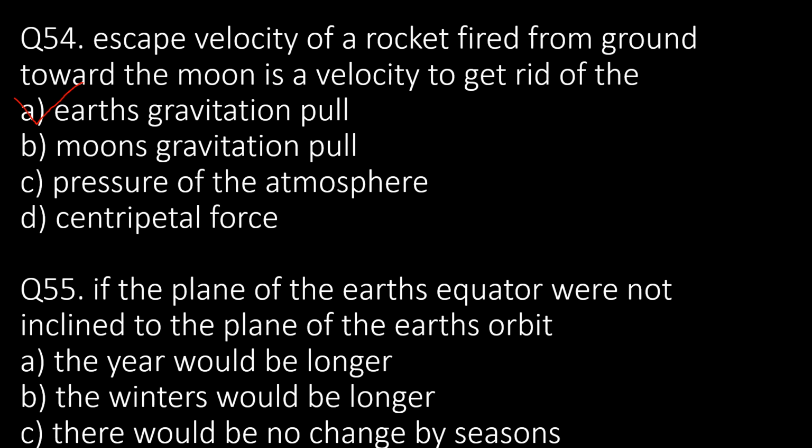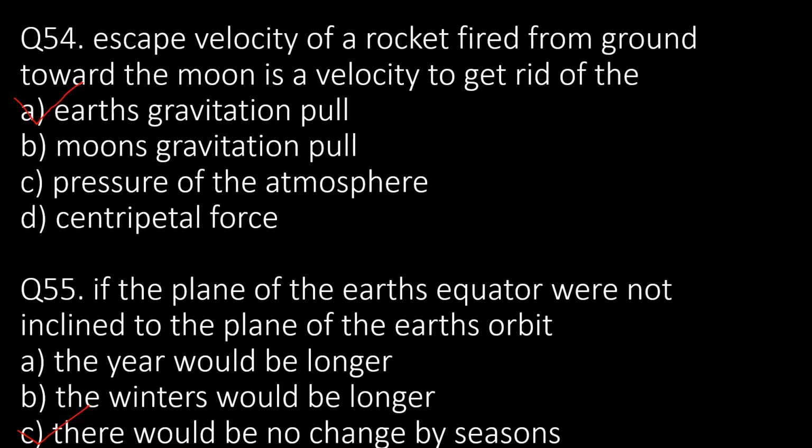Our next question is, if the plane of the Earth's equator were not inclined to the plane of the Earth's orbit, so what happened? And the right answer is option C, there would be no change by season.